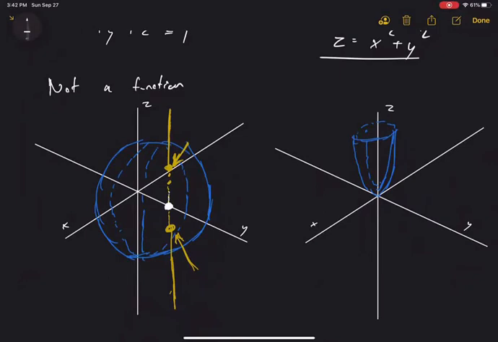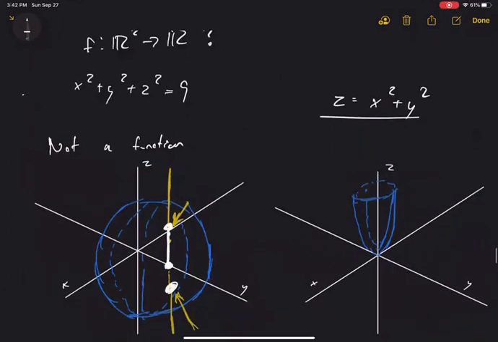Well, this vertical line is saying, okay, I'm pairing this point in the XY plane up with this point on the curve and that point on the curve. So I'm pairing that same XY up to two different Z values. So it's not uniquely paired to one Z value.